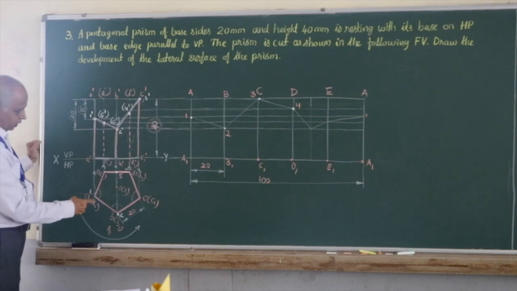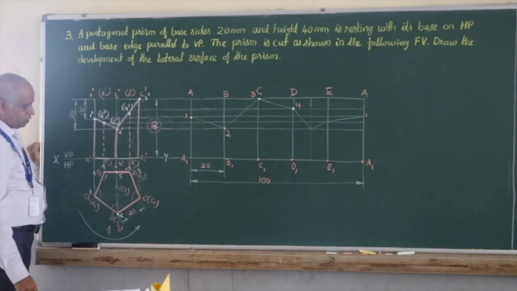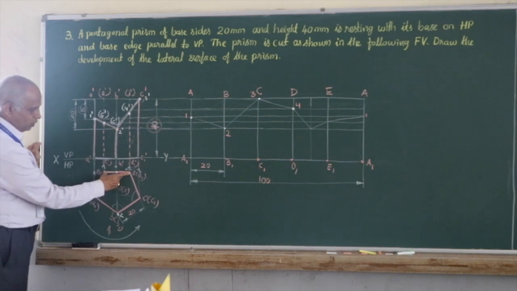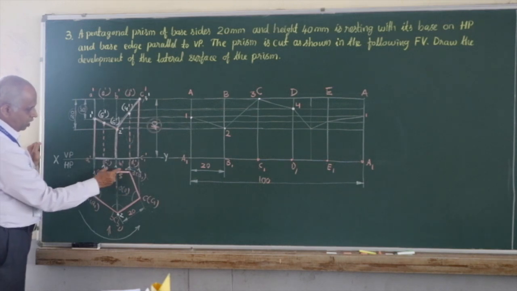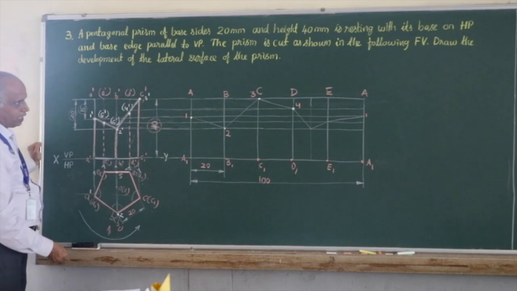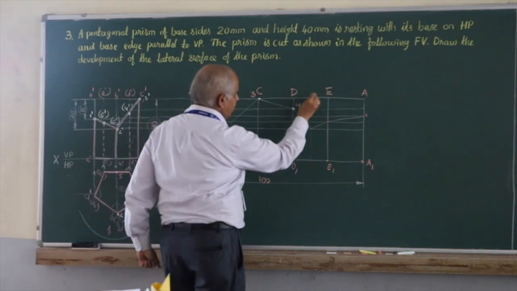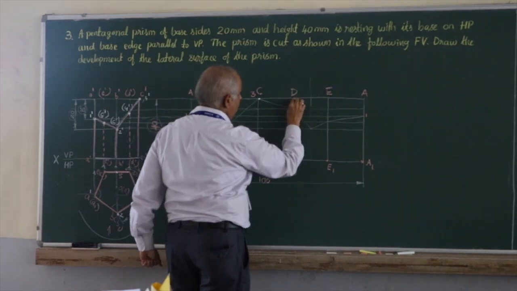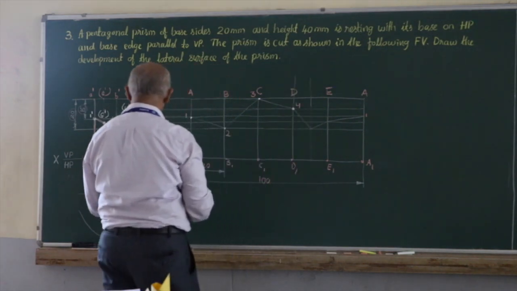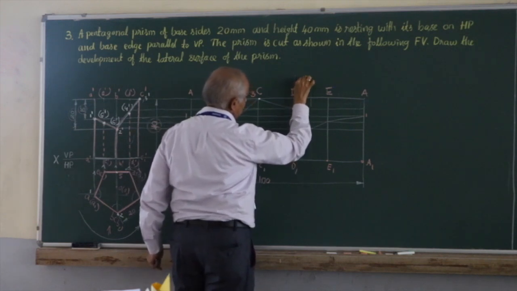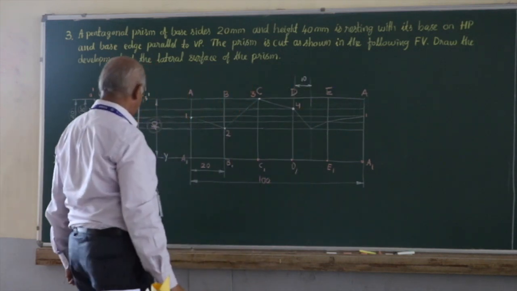Therefore, you know that each side of the pentagon is 20 mm. I am looking at the face containing DE combination. So 20 mm from D or 20 mm from E, I can look at this line at 5. So between D, take half the value of side of the pentagon, which is 20, means take 10 mm here, because that's on the midpoint.